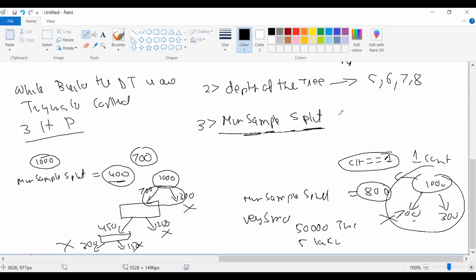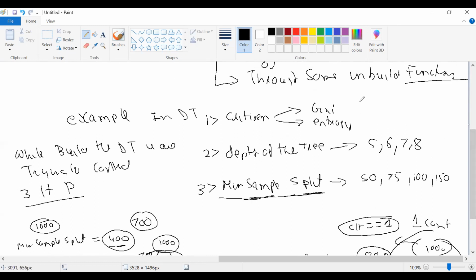Okay. As of now, let me say you are checking the minimum sample split at 50, 75, 100, and 150, just for an example. So how many values do you have over here? In criteria, it can take 2 values.